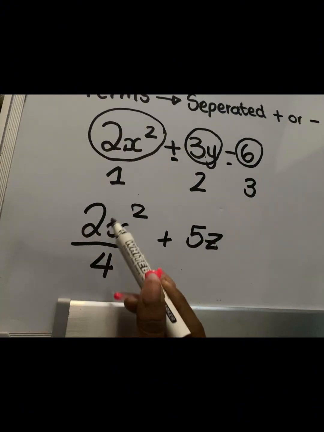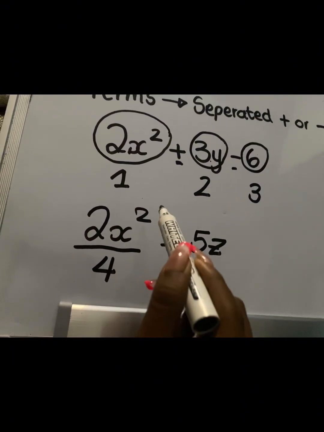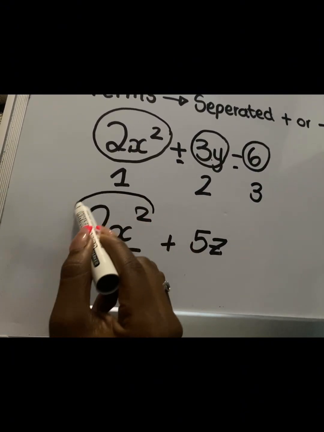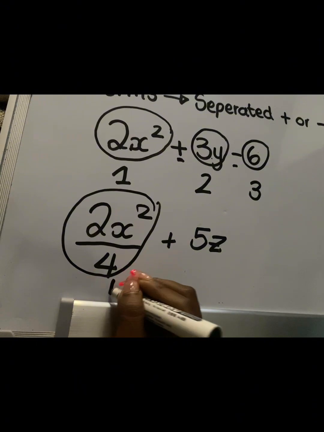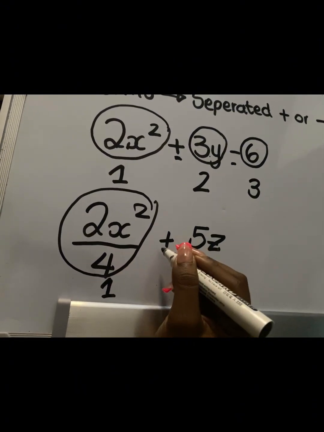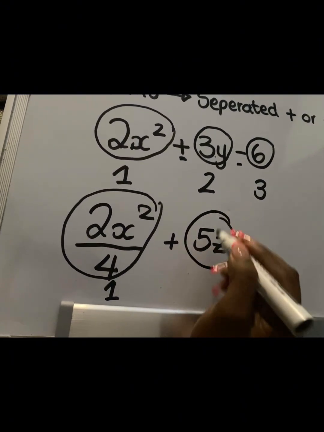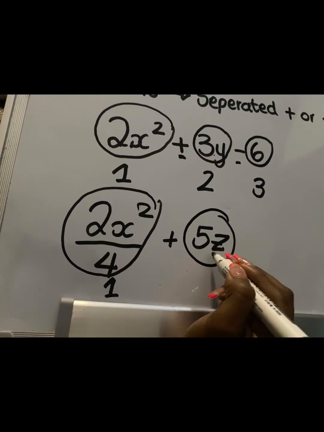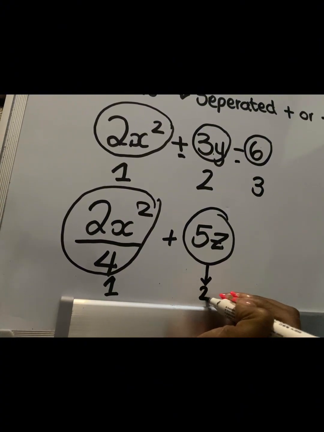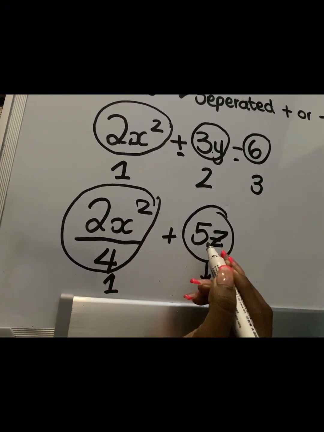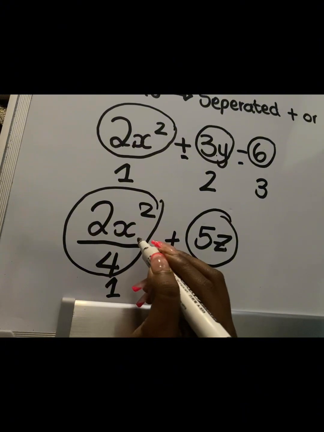Now, these are divided. They are not added, not subtracted. So this part is regarded as one term, term number 1. Separated by a plus, this is our second term because this 5 is multiplied to the z, therefore it makes one term. So here we have 2 terms. The first is regarded as one term because we are dividing.